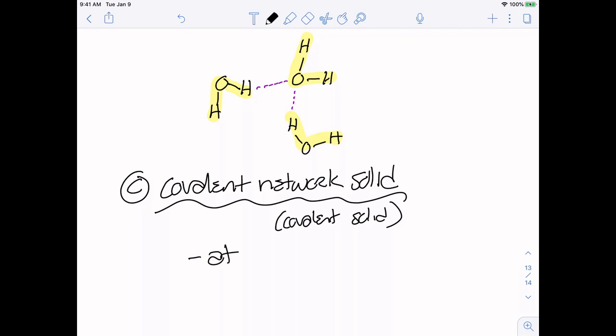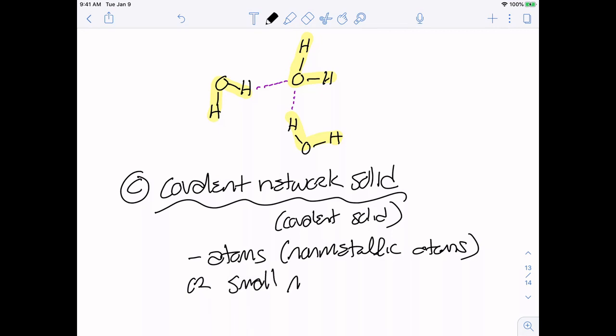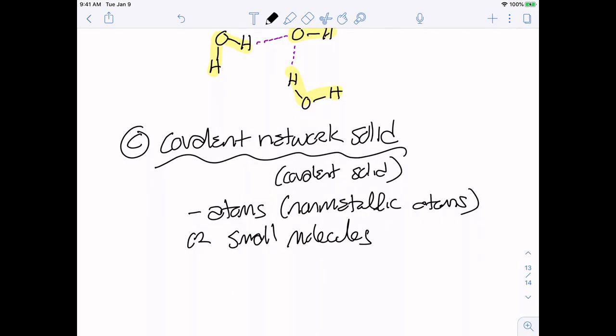So atoms, generally non-metal, so non-metallic atoms, or small molecules. And they're connected with covalent bonds.